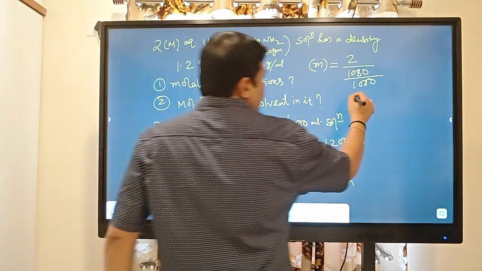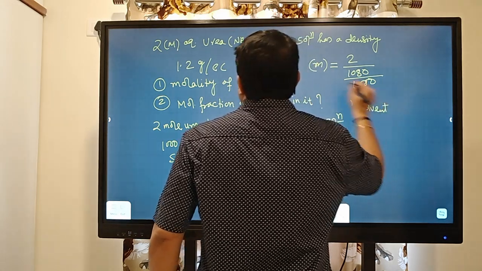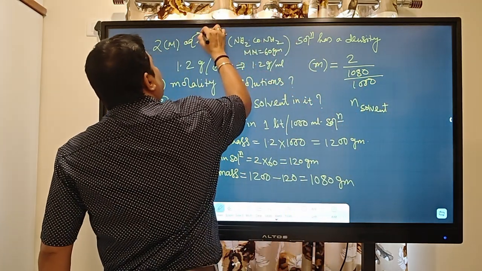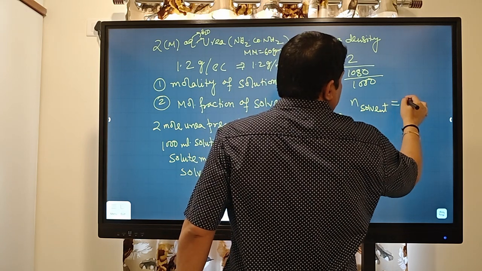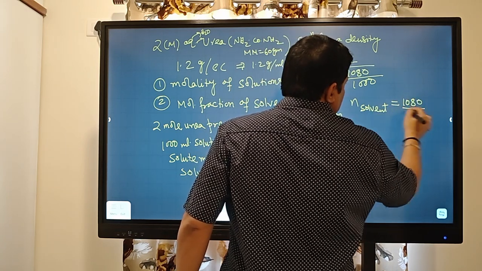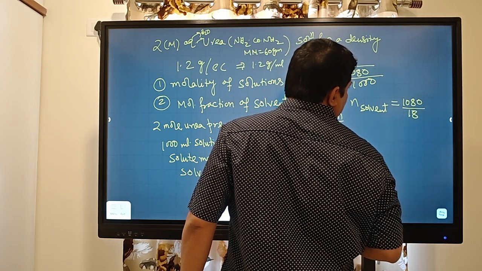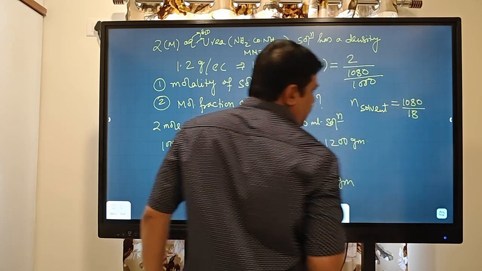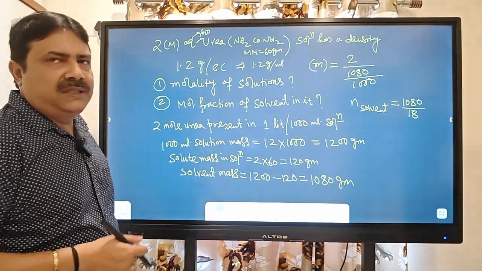Then number of moles of solvent, meaning water, because they are telling aqueous, my dear. Aqueous means water. Then number of moles of solvent means weight of solvent in gram divided by molar mass of solvent, meaning molar mass of water, which is nothing but 18. I hope it will come around 60. You can check it out. That is the number of moles of solvent.